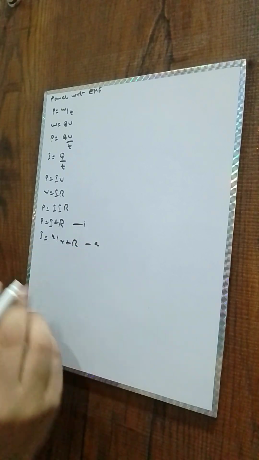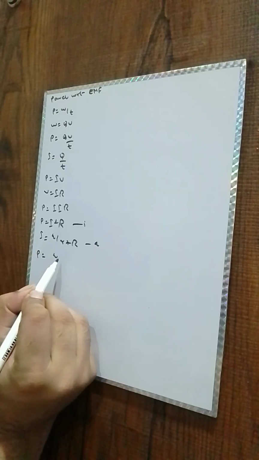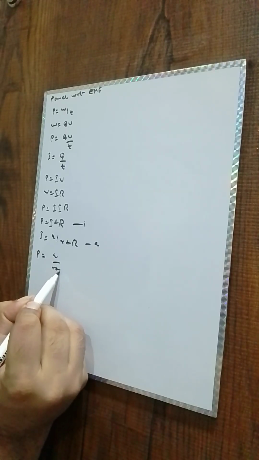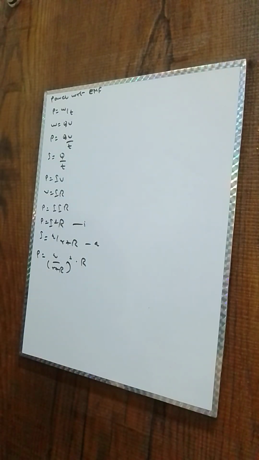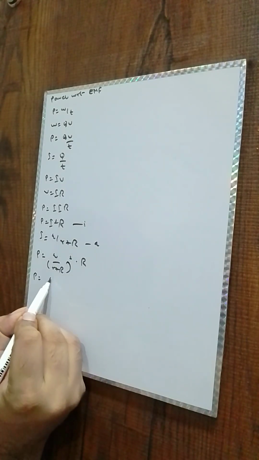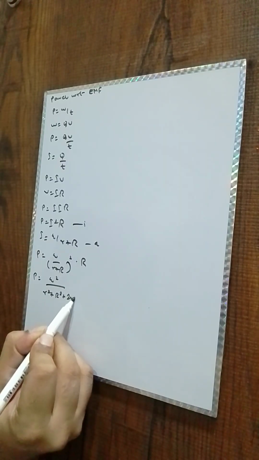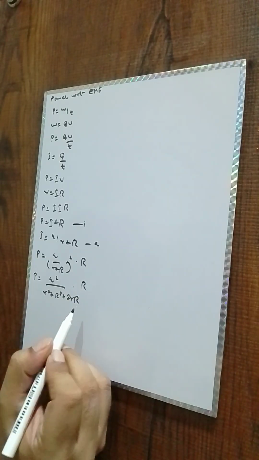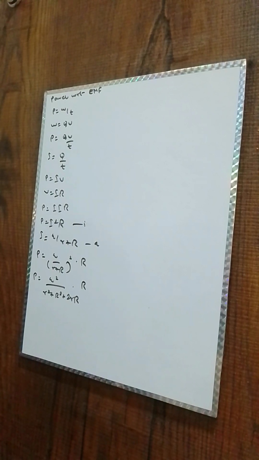So P is equal to epsilon by R plus r whole square dot R. This is the form. When we open it, P is equal to E square by R square plus r square plus 2Rr dot R. This becomes the situation.